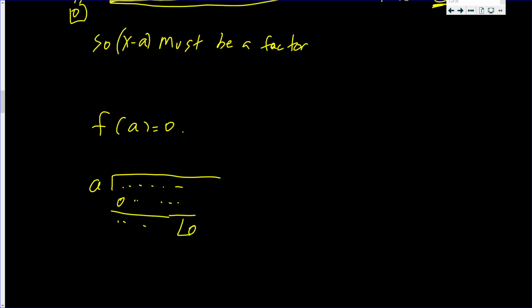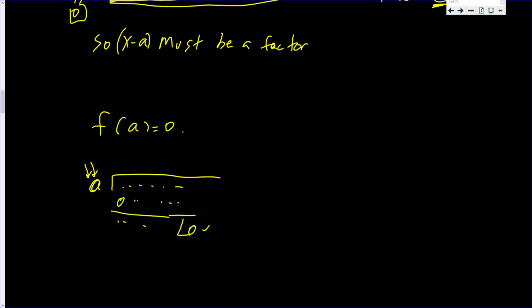So, if you do synthetic division for a, then you're going to find out if a is a root or a is a factor. They're the same. A is a factor means a is a root. Sorry, if x minus a is a factor, that means a is a root. If a is a root, x minus a is a factor.